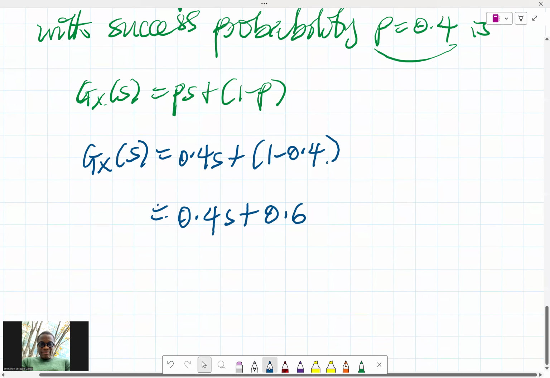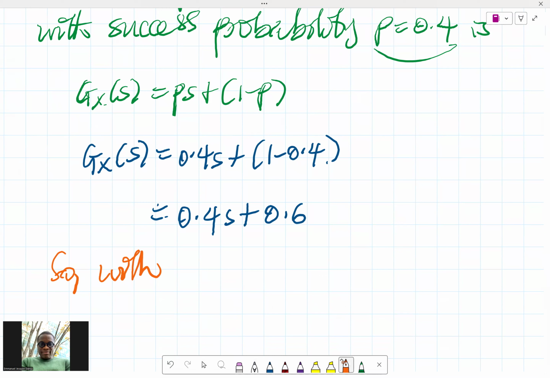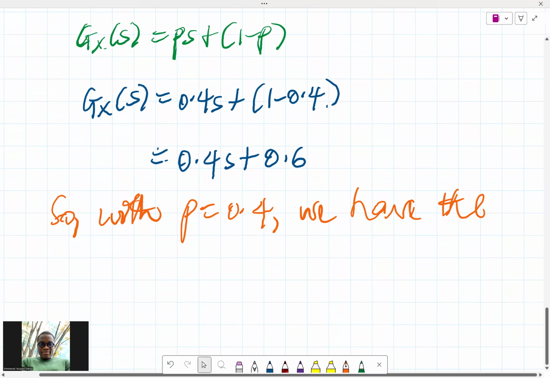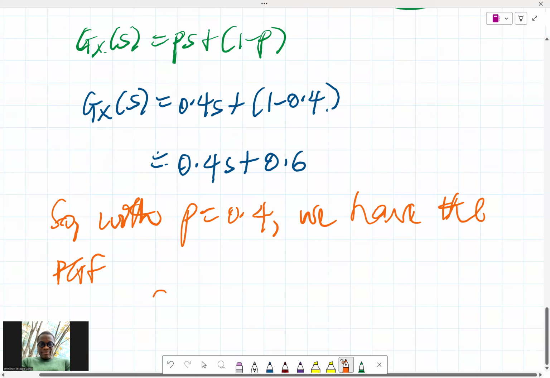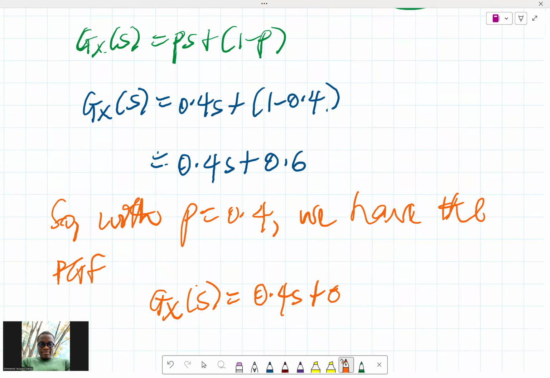So with p equals 0.4, we have the PGF G_X(s) equals 0.4s plus 0.6. And that is how that goes for Bernoulli.